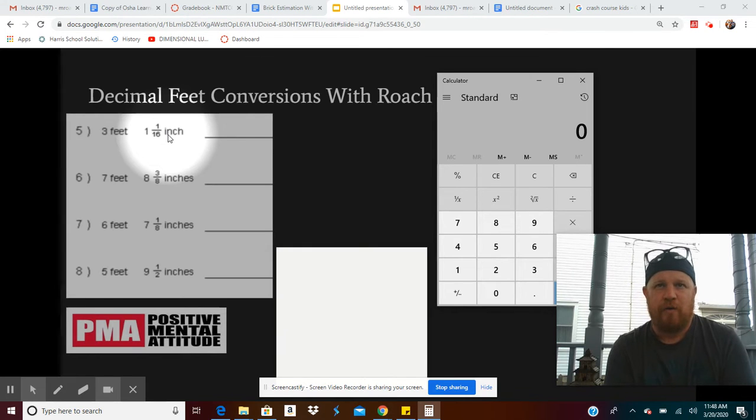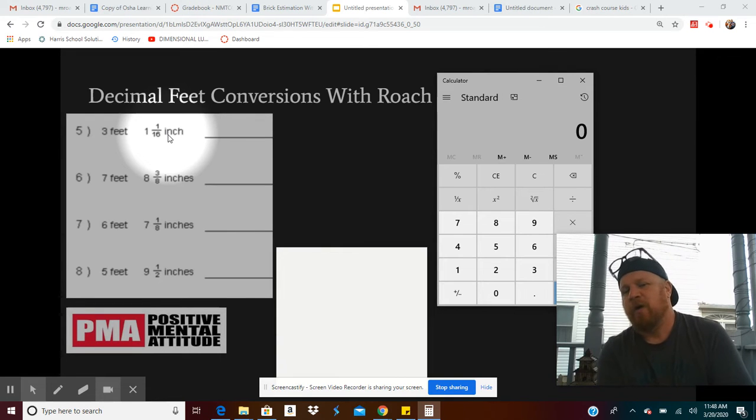All numbers are in increments of 10. In measurement, especially within the foot, we're dealing in increments of 12. There's 12 inches in a foot. So we need to be able to convert that measurement into a number that the calculator understands.